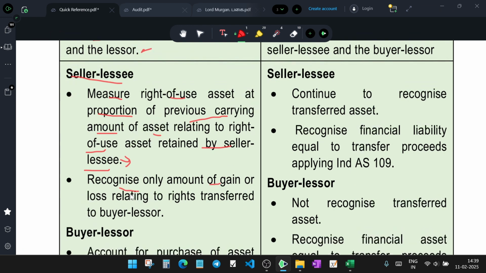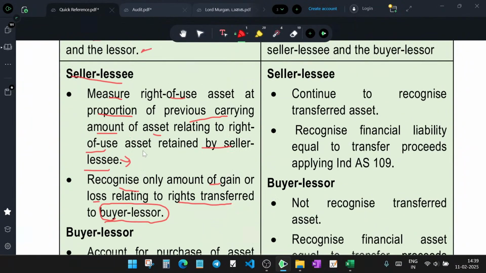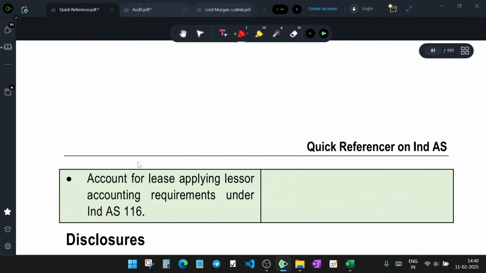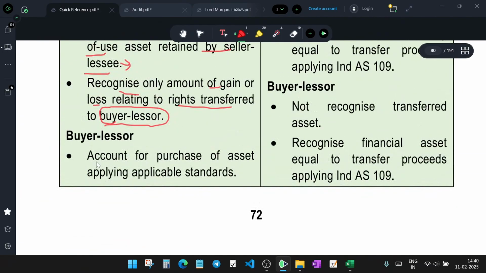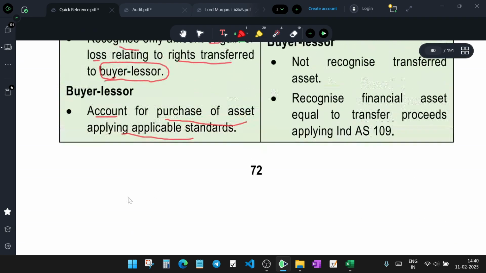Recognize any amount of gain or loss relating to the rights transferred to the buyer-lessor. The buyer-lessor accounts for the purchase of the asset, applying the applicable standard. Then for accounting for the lease, the applicable lessor accounting is Ind AS 116, because he is leasing it back.